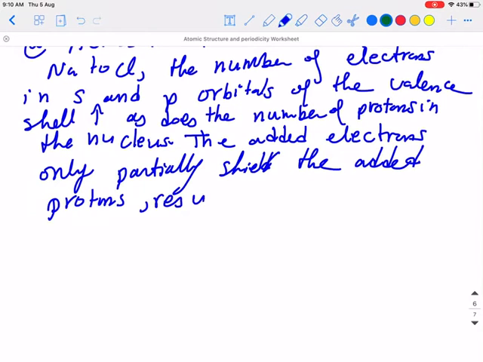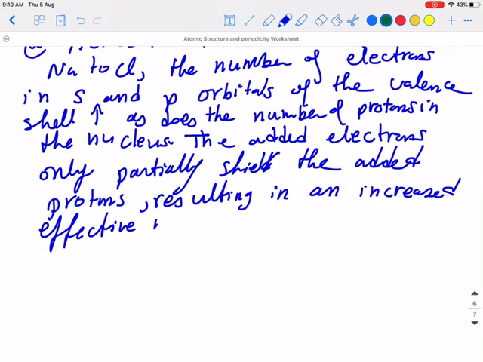This results in an increased effective nuclear charge.